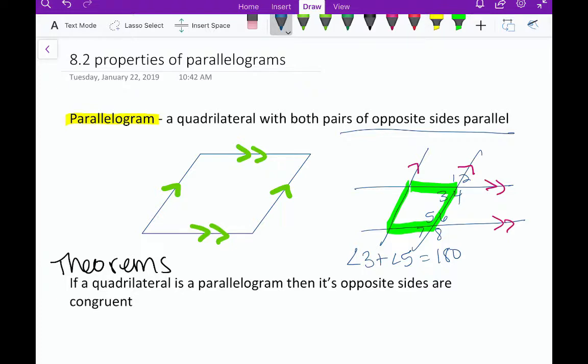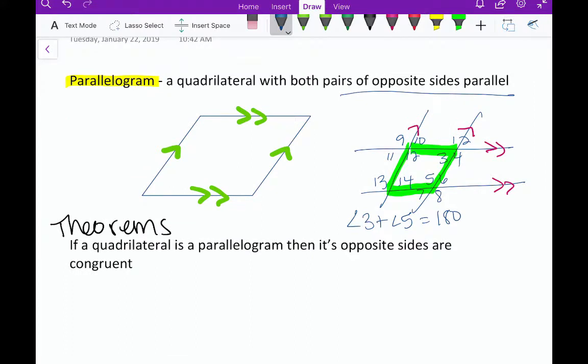And if I go ahead and label this as 9, 10, 11, 12, 13, 14, okay, I can also say that 5 and 14 are going to add up to 180 because they are also same side interior. And so as a result, 3 is congruent to 14. Why?